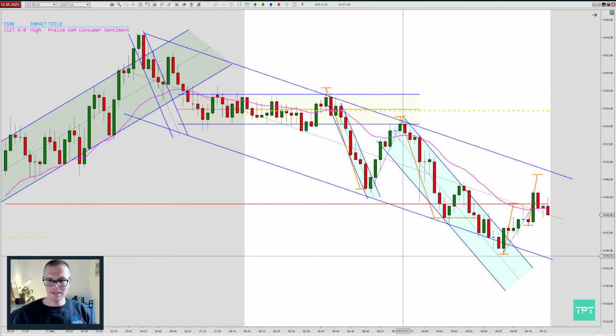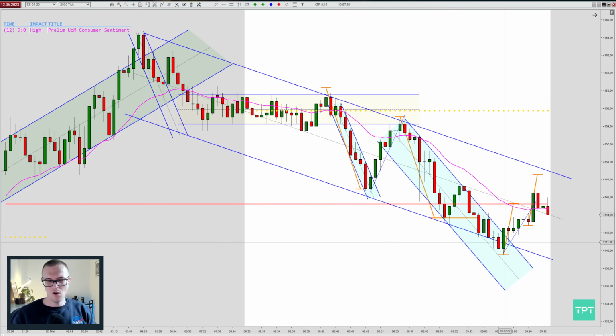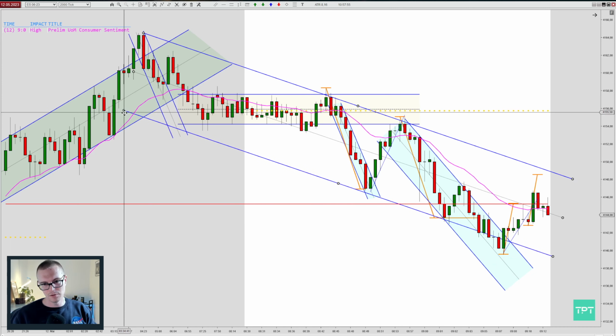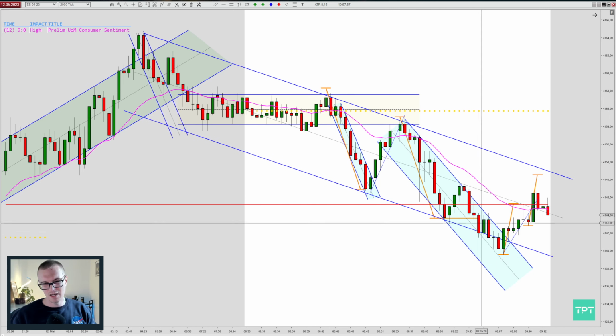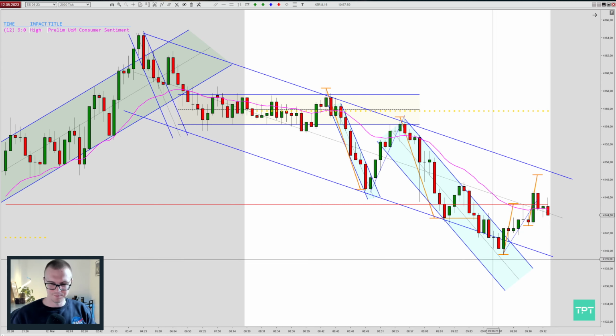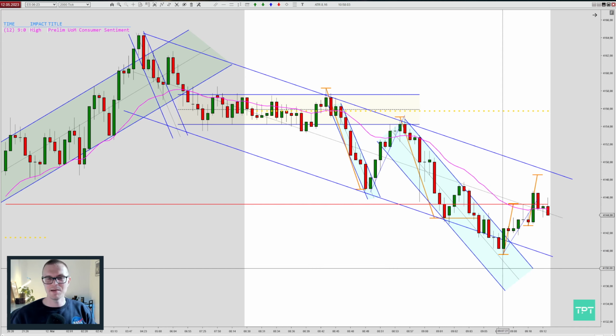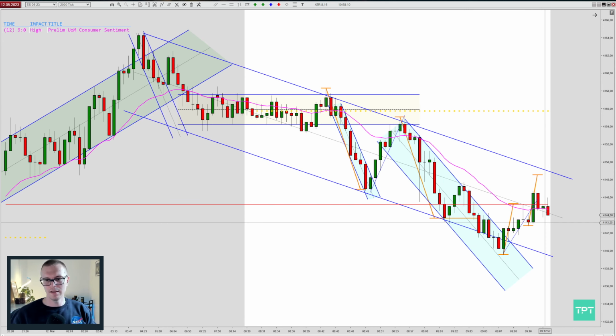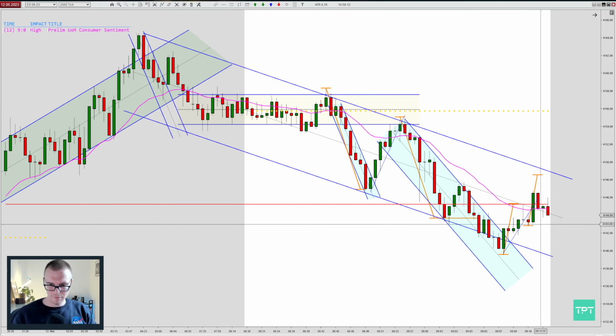But the problem is we have a potential overshoot here. You can see if I draw this channel correctly, then prices are overshooting this channel here. And after an overshoot, many times we see a break of the structure. So taking a lower high here would be aggressive.